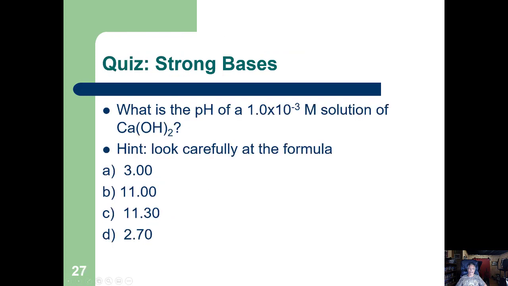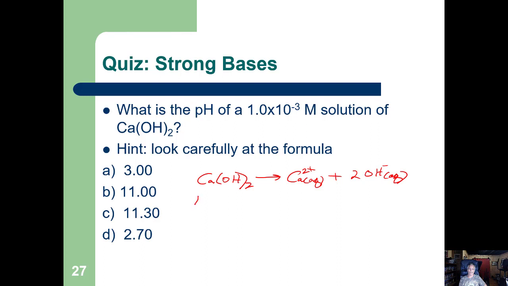Okay, so taking a look at that, here's your strong base. We got calcium hydroxide. It's going to dissociate completely into calcium 2 plus aqueous plus 2 hydroxide ions aqueous.